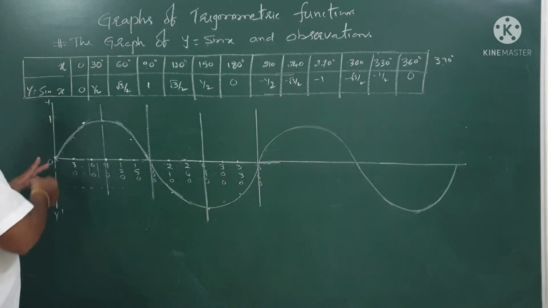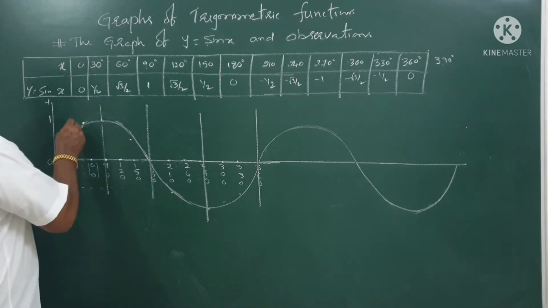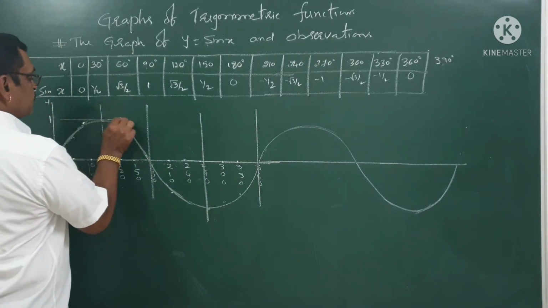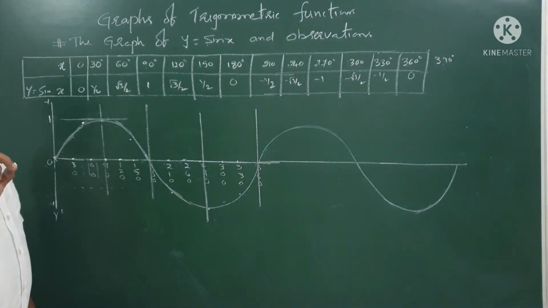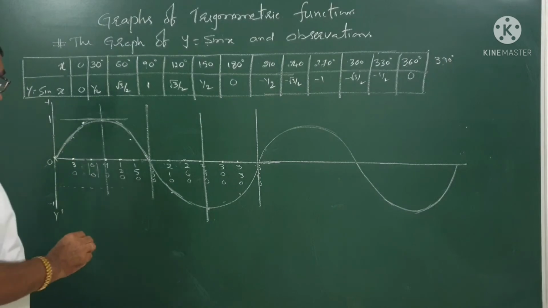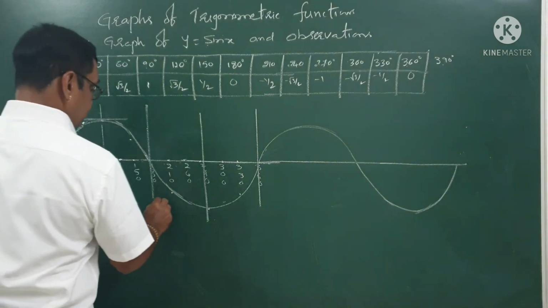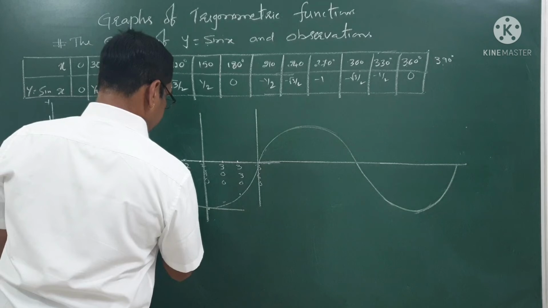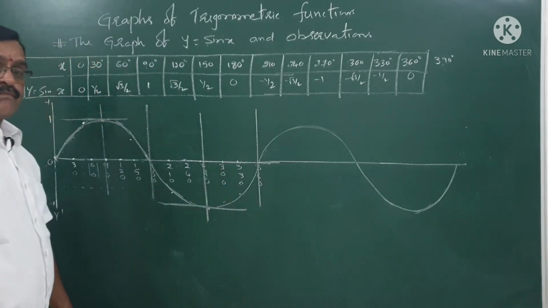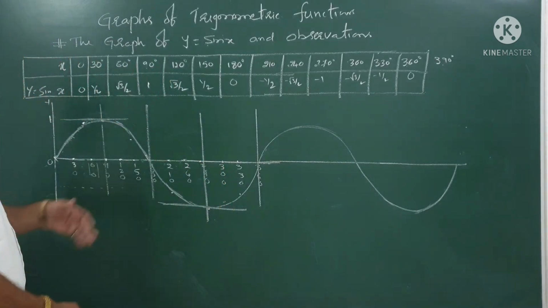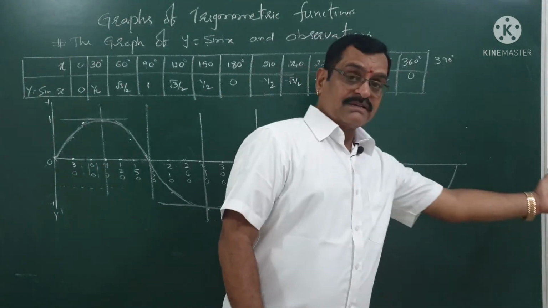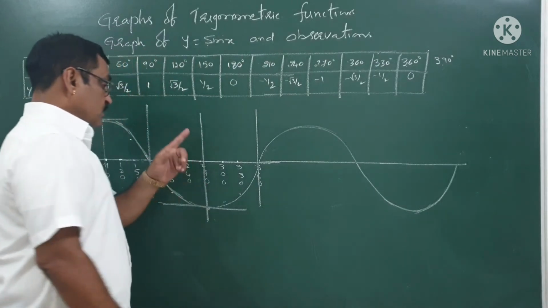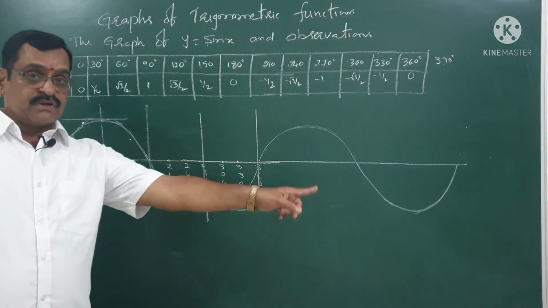So here, the maximum value of the graph is 1 unit height. Already we proved the sine is always between minus 1 and plus 1. Here the upper limit is 1 and this is minus 1. Just now I told that even between 360 to 720, the shape of the graph is going to repeat.